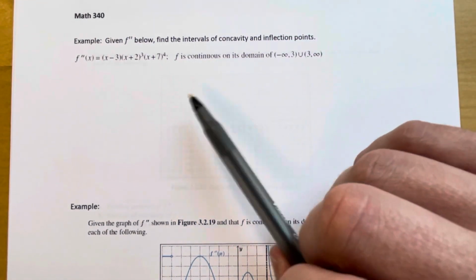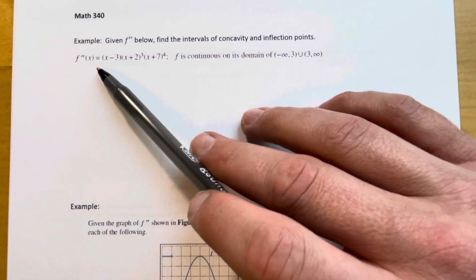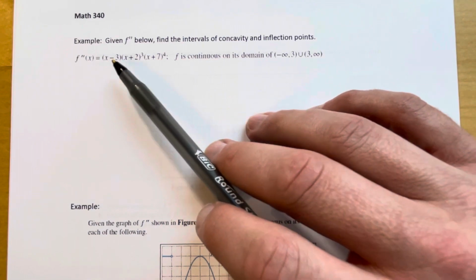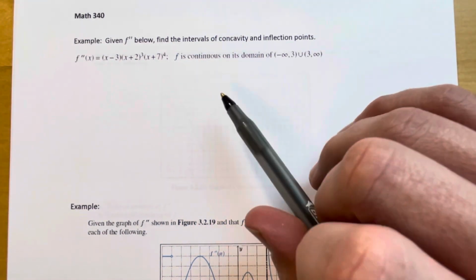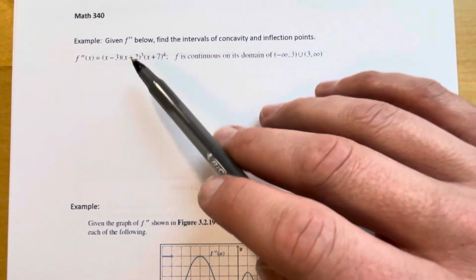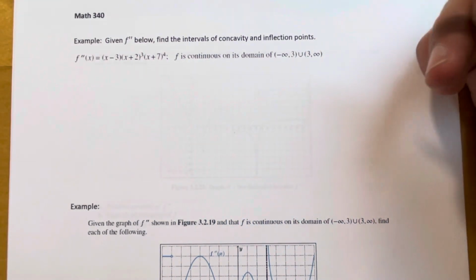Notice we have a couple of little bits of information here. So first of all, we know f double prime is equal to this product here. And if we're looking for partition numbers of f double prime, I'm either looking for where this is not defined or where it's equal to 0. Now, this is a factored polynomial. It's going to be defined everywhere.